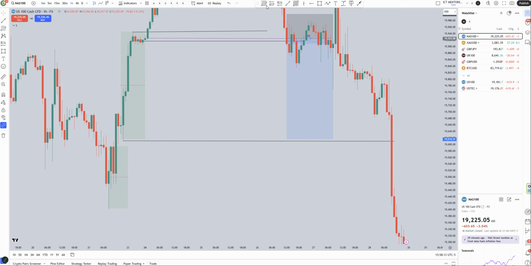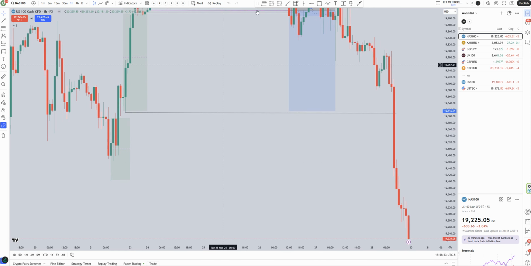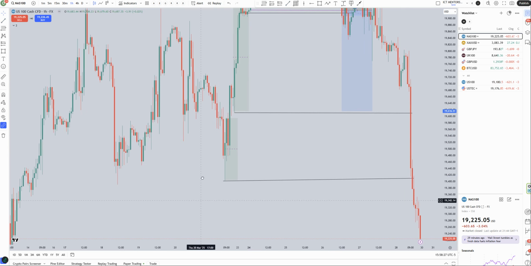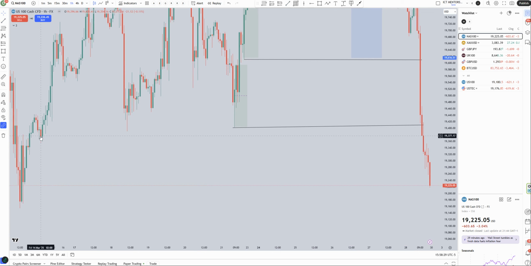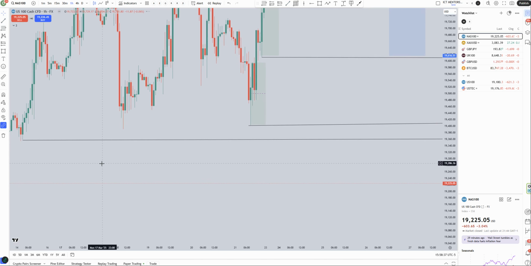This too is also a type 2 bullish expansion. It was confirmed here, it failed. So I know that if I get this, my next target is this. And if that fails, bullish expansion, the next target is this. And if we keep going down, this is the last one.